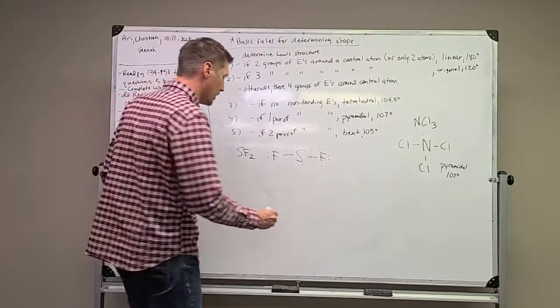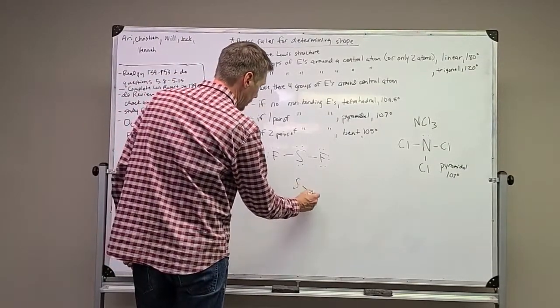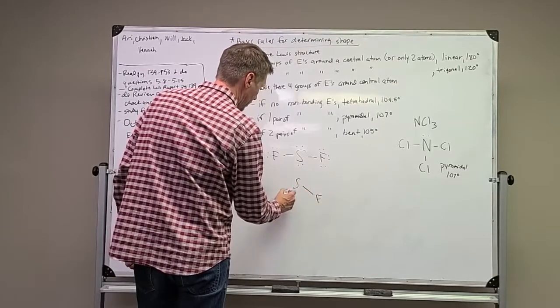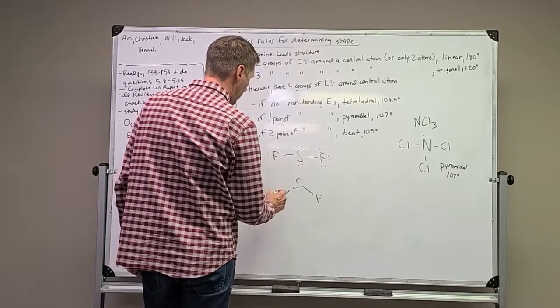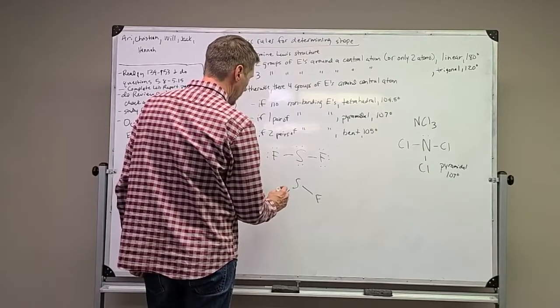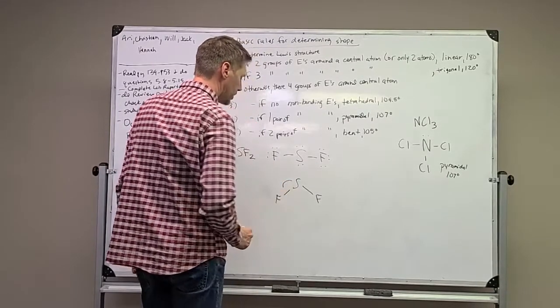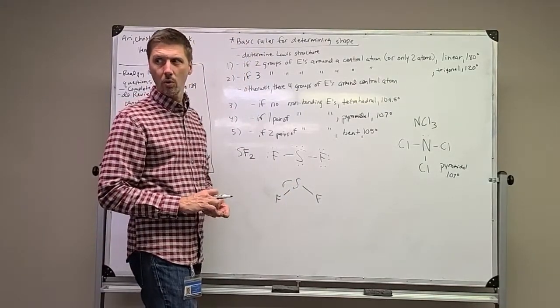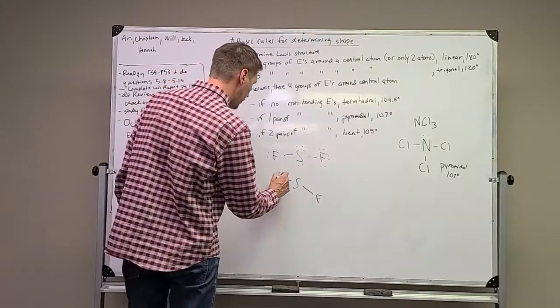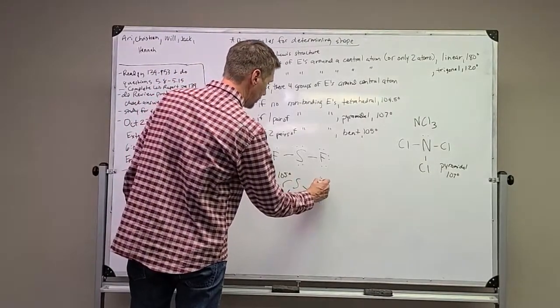So if I were to draw this, it actually needs to look more like this, right? And for this particular one, our bond angle is going to be what for the bent shape? 105, right? 105 degrees. Bent shape.